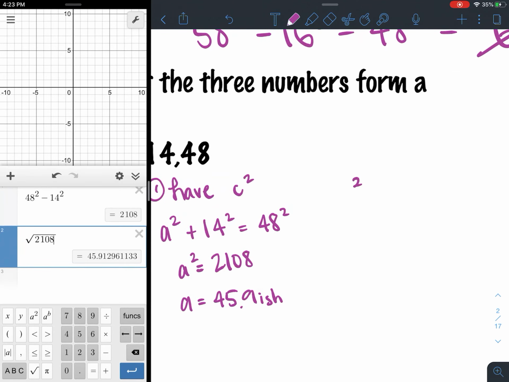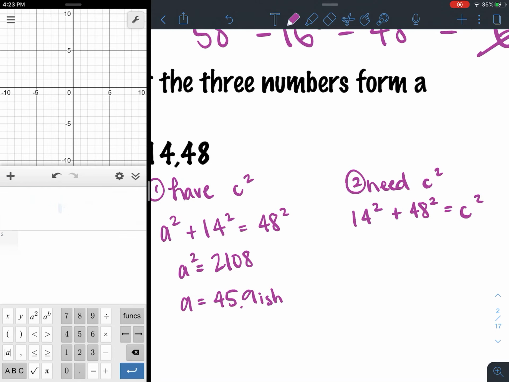So scenario number 2 is that we need our c squared. So I'm going to have 14 squared plus 48 squared is equal to c squared. 14 squared plus 48 squared. This is 2500.